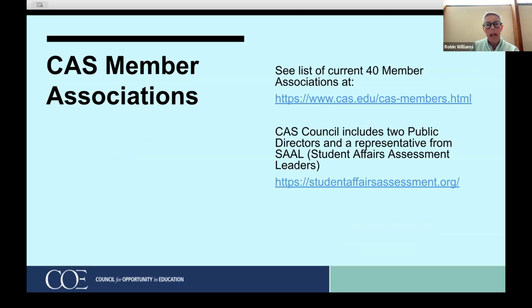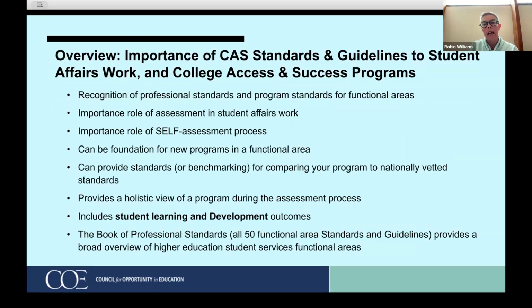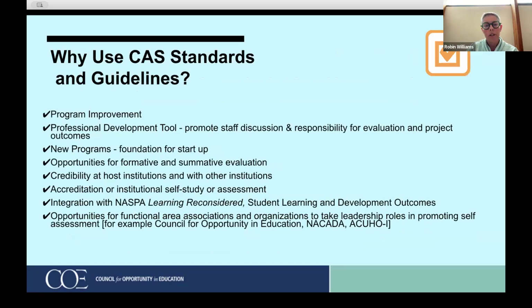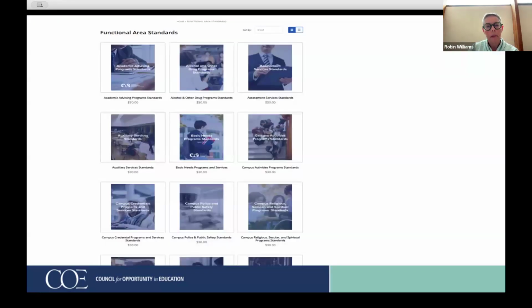So some of the CAS standards and guidelines include the self-assessment, like I was saying, the importance in student affairs. They can help you if you're creating a program. They can help you evaluate your programs. And so I'm just trying to get through, just so you know what CAS is before we take the time to download it.